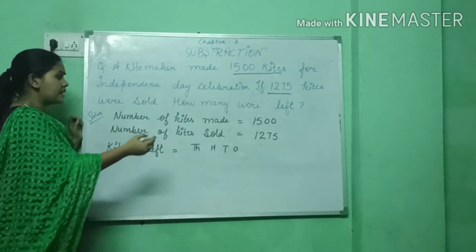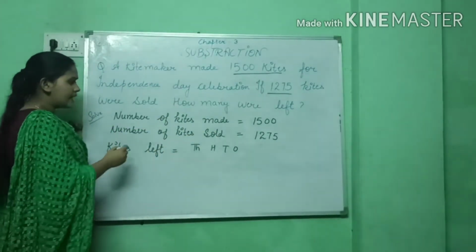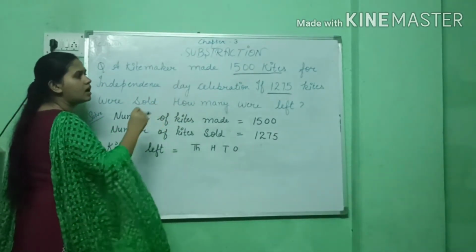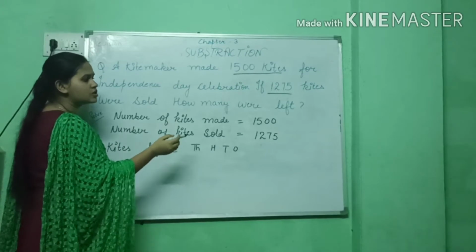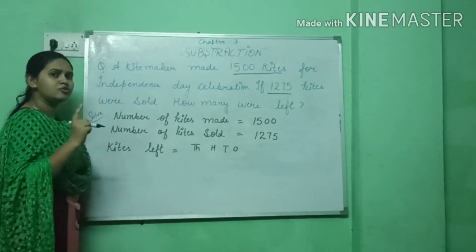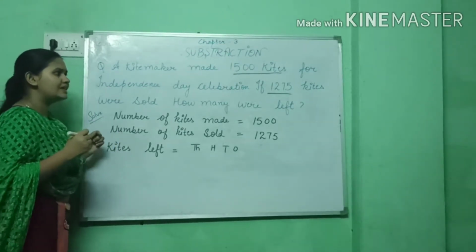We can see the number of kites made is 1500, and the number of kites sold is 1275. Now we have both, but we have to find how much is left. So we will do the subtraction.